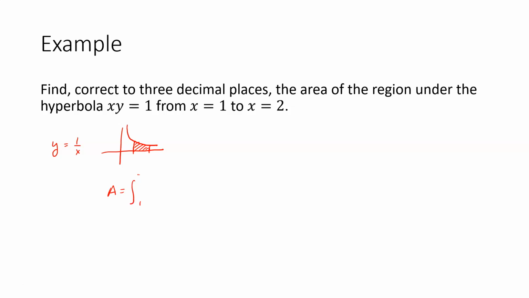So we'll integrate from 1 to 2, 1 over x. And this will just be ln of x evaluated from 1 to 2. So of course the area here would just be ln of 2 minus ln of 1. Since we know ln of 1 is equal to 0, this will just be ln of 2.